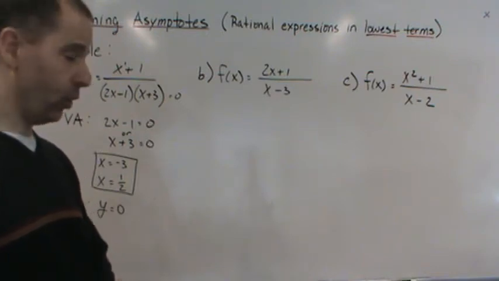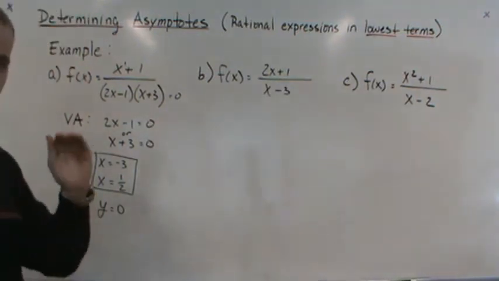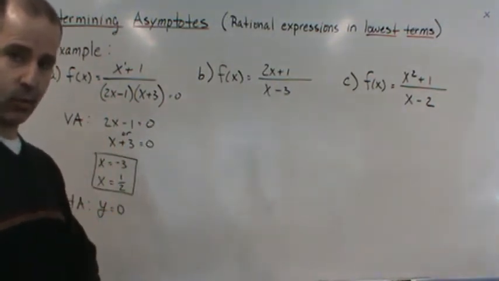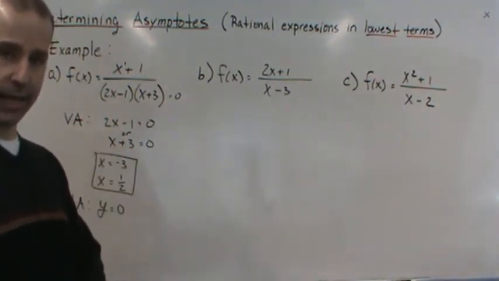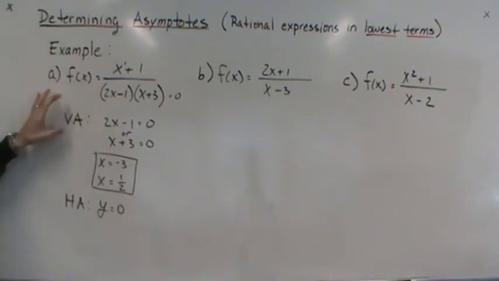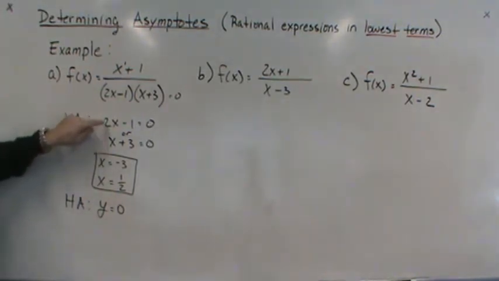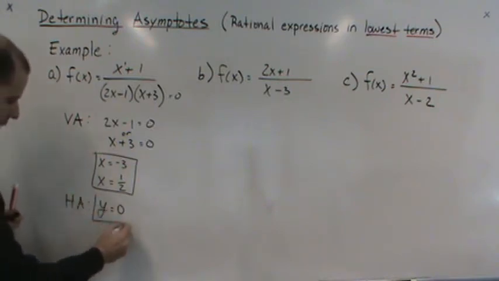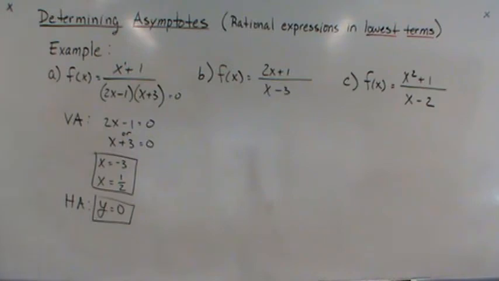You cannot have horizontal asymptotes and oblique asymptotes on the same graph. So in this case we've got two vertical asymptotes and one horizontal asymptote.